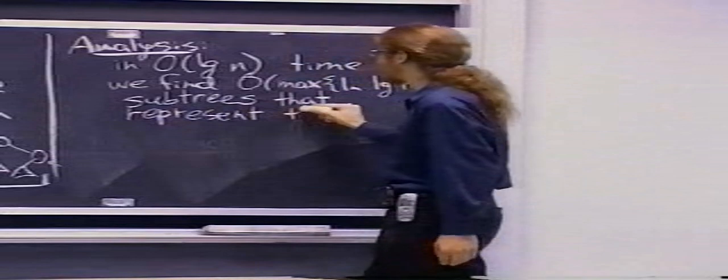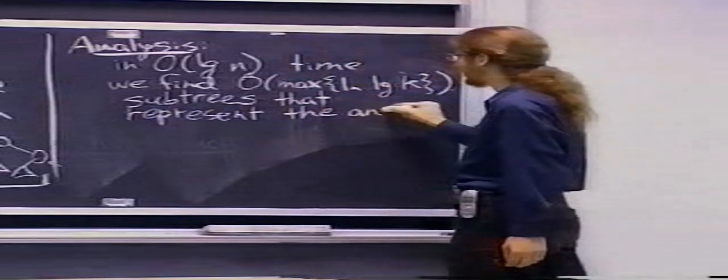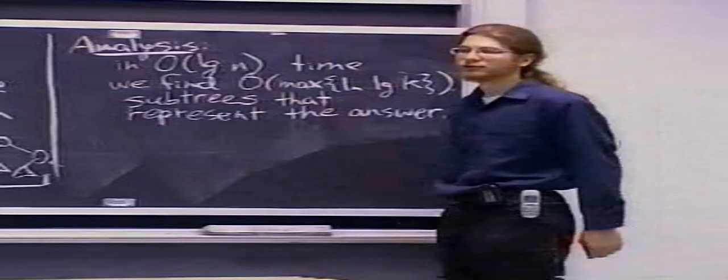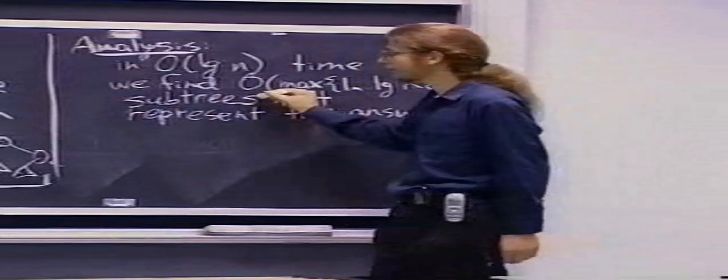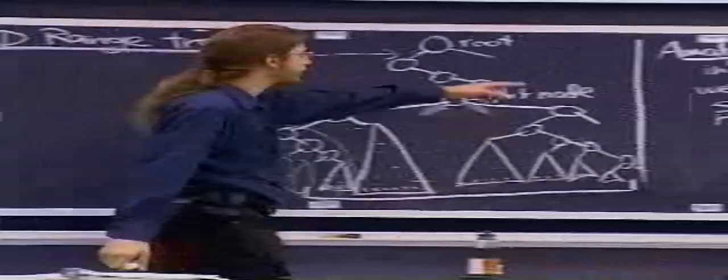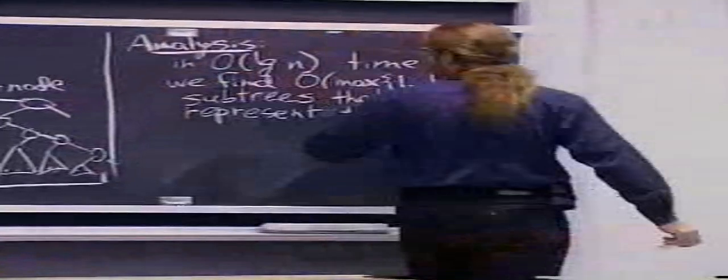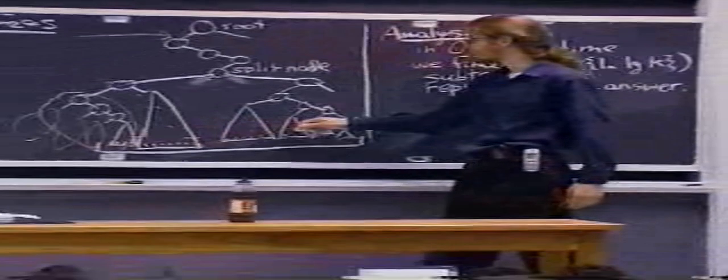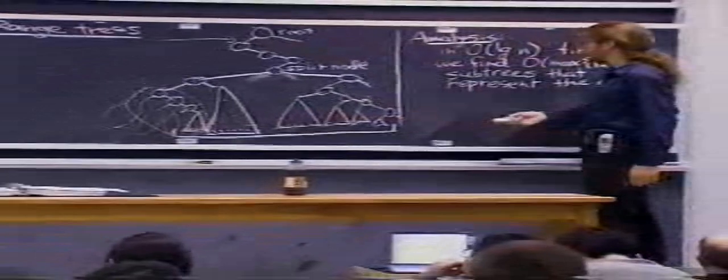And these subtrees represent the answer to my range query in the sense that everything that's in the answer is a leaf in one of these subtrees, and everything that's a leaf in this subtree is in my answer. Okay, so that's exactly what I want. And so that's in log n time, very fast. If I want to list all of the elements, all of the leaves that are in these subtrees, that just takes log n plus k time.